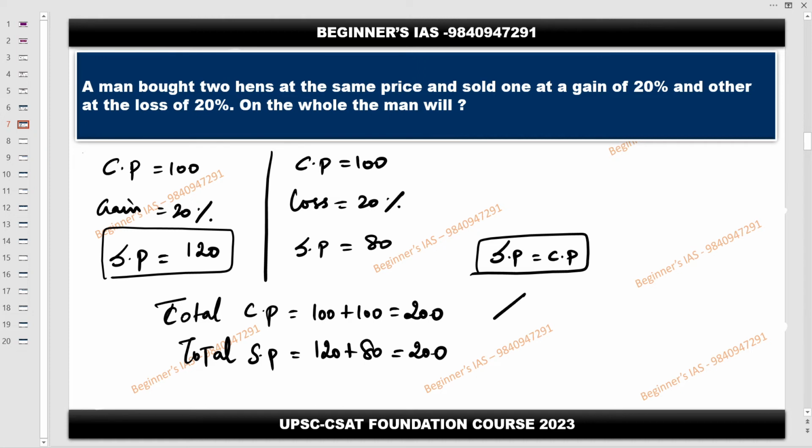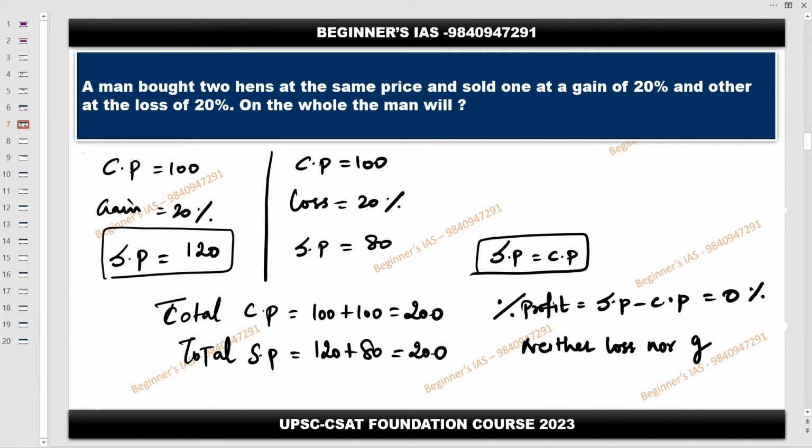What is the profit? Neither gain nor loss. What is the loss? SP minus CP is equal to 0, which means neither loss nor gain. Rajshekar, understood?